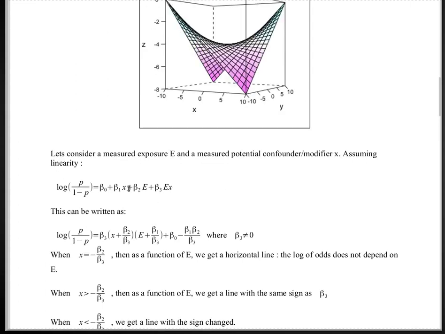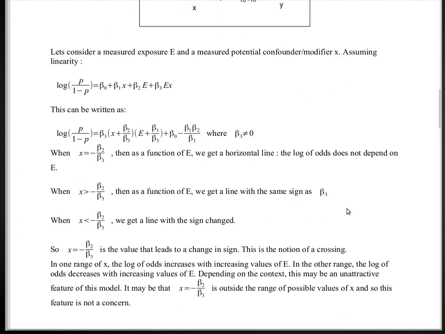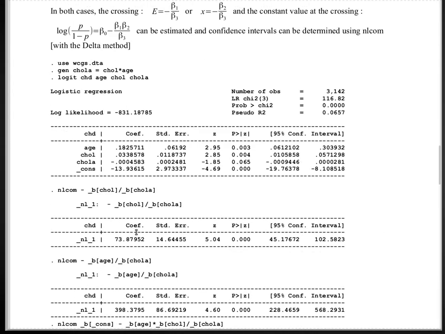Going back here, that is minus beta 2 over beta 3. So that's this first expression: X is equal to minus beta 2 over beta 3. We can compute that, and we get a pretty big number, 73.88.